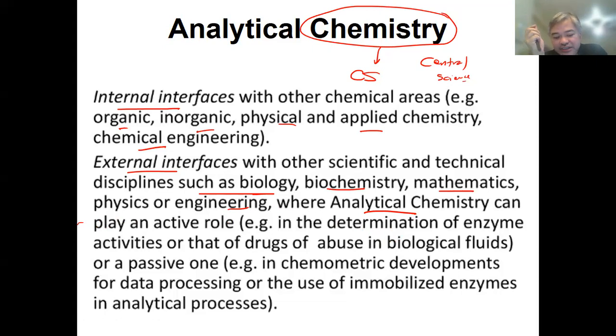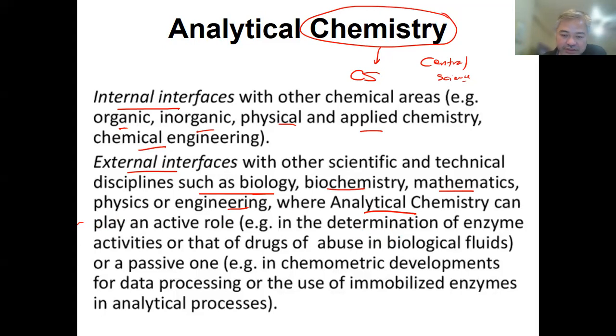The research that I do here, some works on environmental science, some works on food science, some works on biological science, but they just use analytical chemistry because the specialty that we have is the use of instruments to analyze chemicals of interest to these different fields.